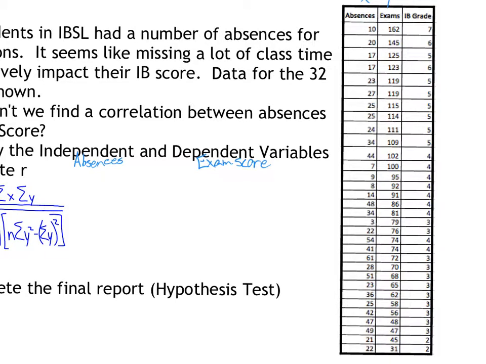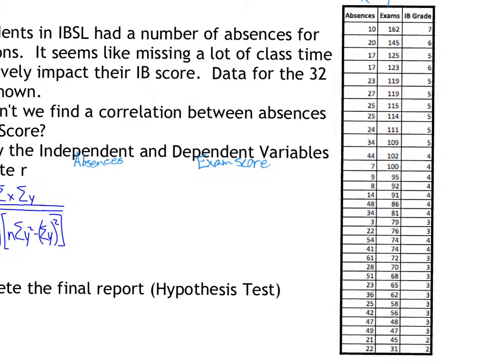Others were a little less legitimate, like leaving a week early for Thanksgiving and coming back a week late, and for Christmas, and for Easter. That didn't turn out too well for them. Others procrastinated on their IB art and skipped school for 2 weeks basically, or 3 to try to catch up on their IB art.